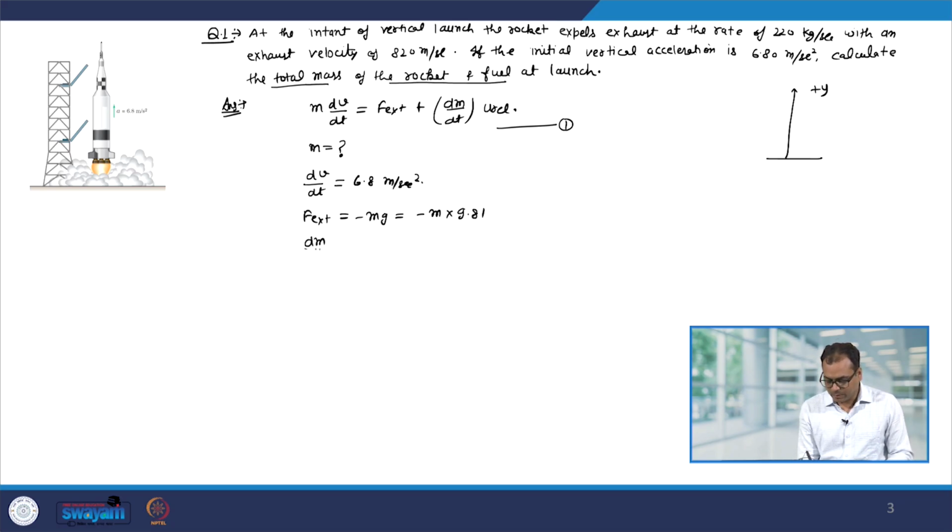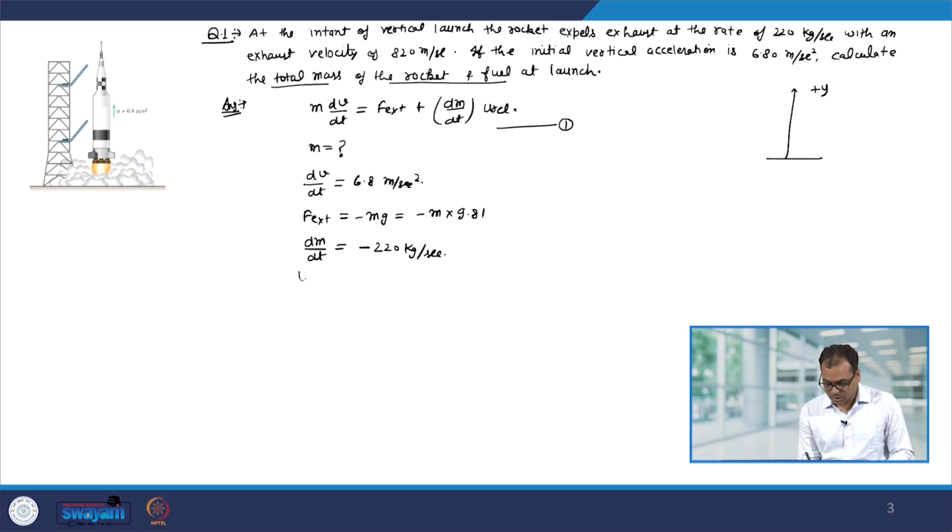And dm by dt is the rate at which the mass is changing, 220 kg per second, and since the mass is decreasing, it will be minus 220 kg per second.